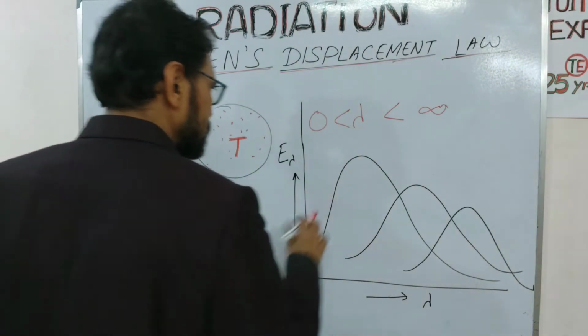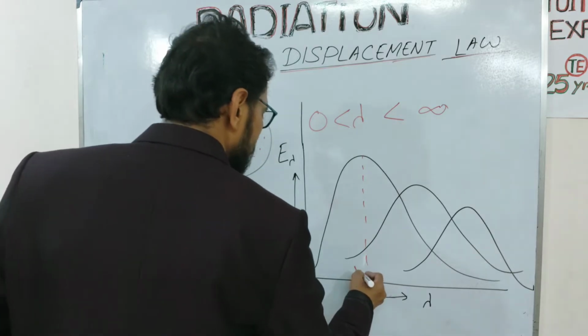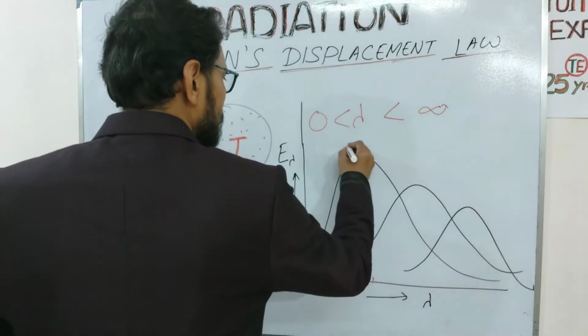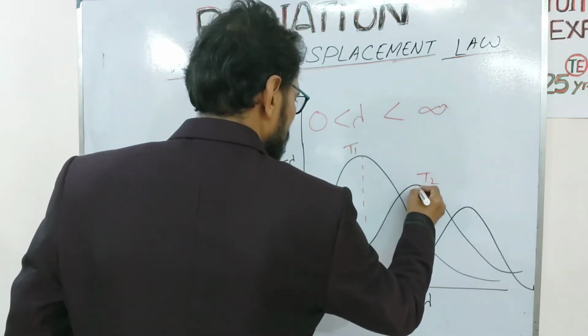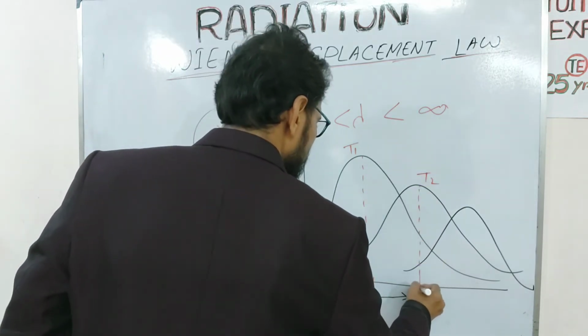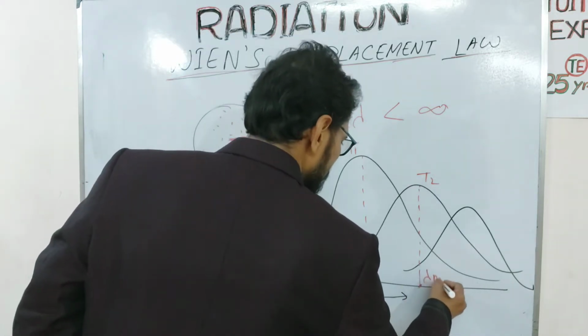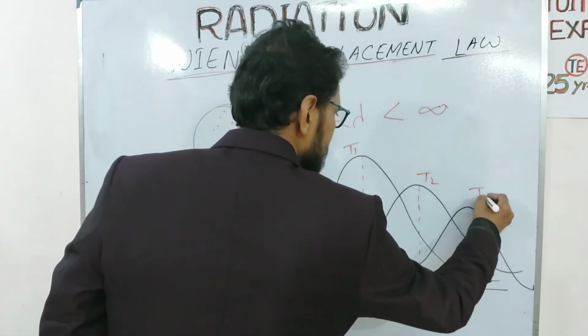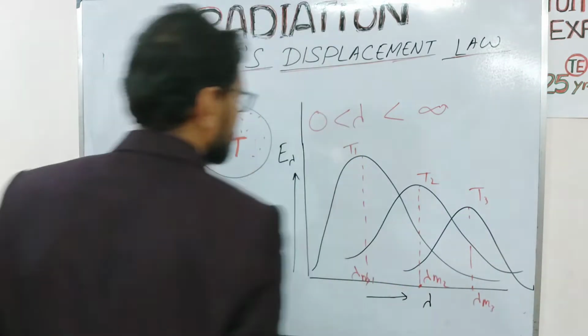Now this is lambda m1, and this temperature is T1. This temperature is T2, so the wavelength corresponding to maximum spectral emissive power is lambda m2, and this is T3, and this becomes lambda m3.